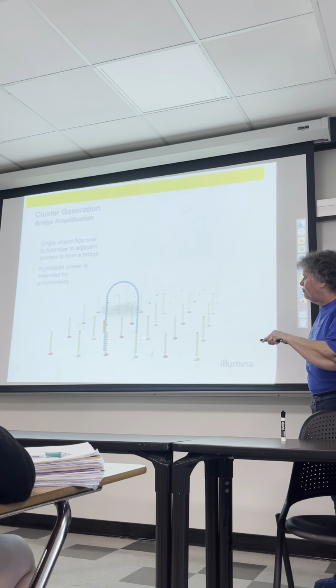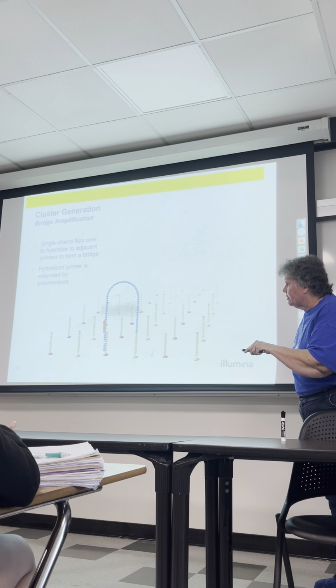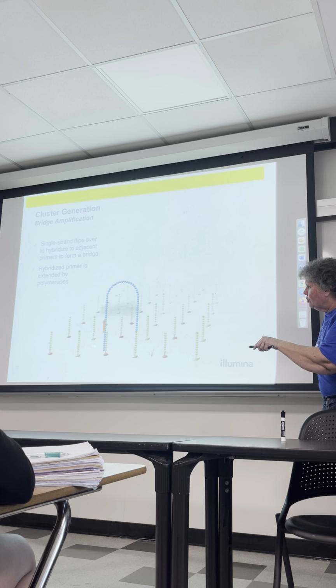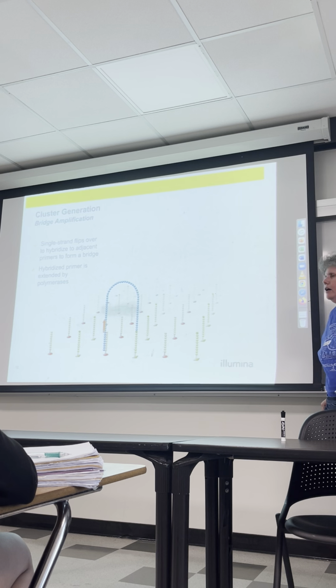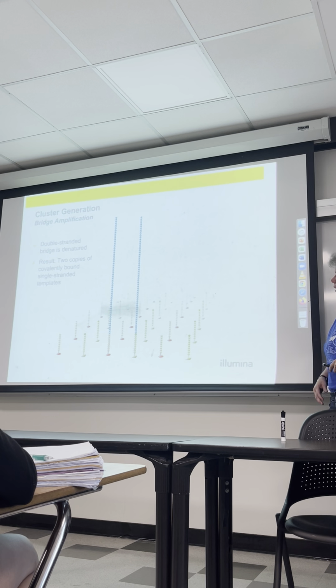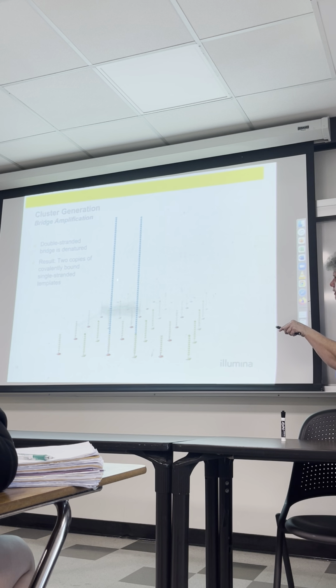So now it's able to flip over, and this end of it is able to bind to the other adapter, and then again you're using polymerase to extend 5' to 3', so now you have, again, double-stranded DNA. So you have double-stranded DNA like that, and then you are basically denaturing them. So now you have 2 strands of DNA, one sequence here, and the opposite sequence here.